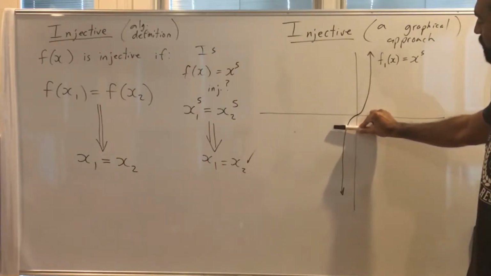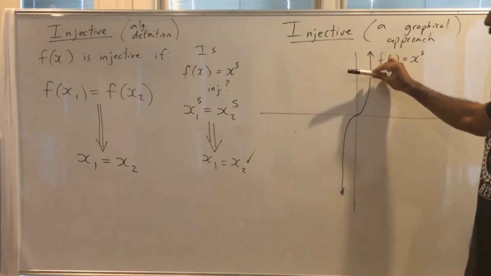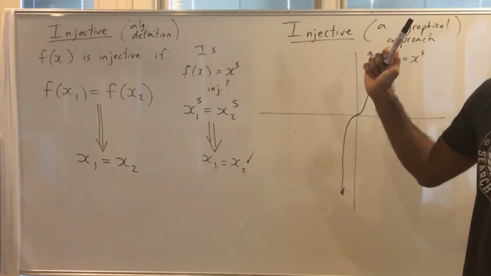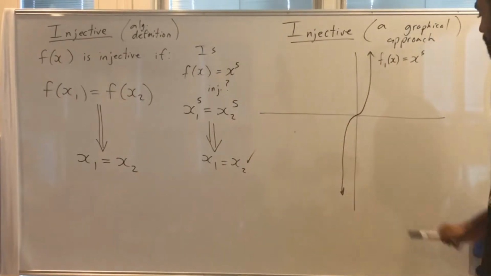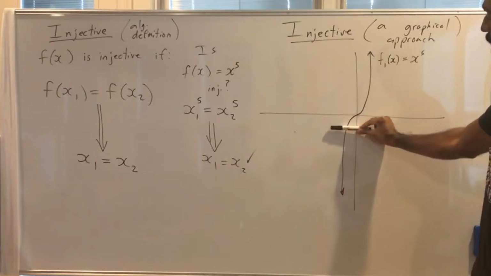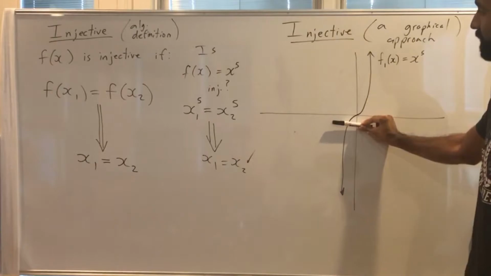If your line is only ever intersecting one point, then it is injective. Say that again, I'm not understanding. If you pass a horizontal line through your graph, and it only ever hits one point, then your graph is 1 to 1. Okay.